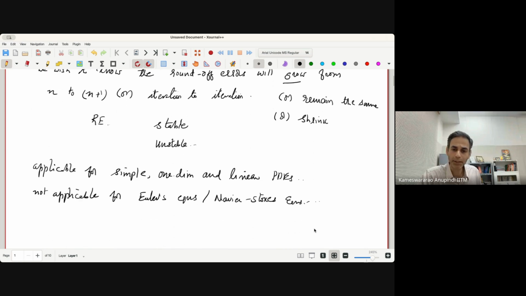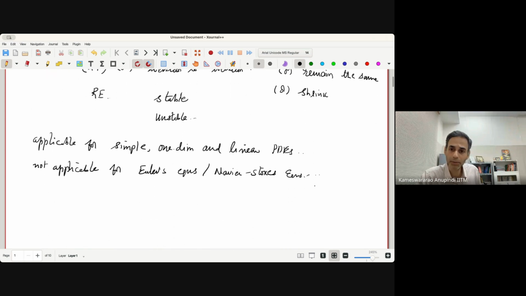So for all these general three-dimensional nonlinear partial differential equations that are complicated, the stability analysis cannot be directly applied, because the analysis gets very difficult and you won't be able to find whether the method is stable or not. However, we will still use simple one-dimensional linear PDEs, and the schemes applied to them, to guide us in choosing schemes for the general Navier-Stokes equations or Euler equations.